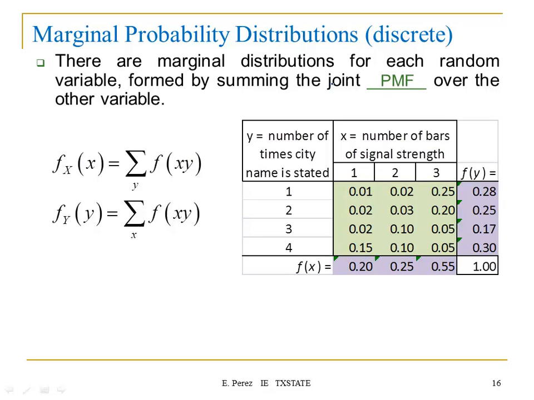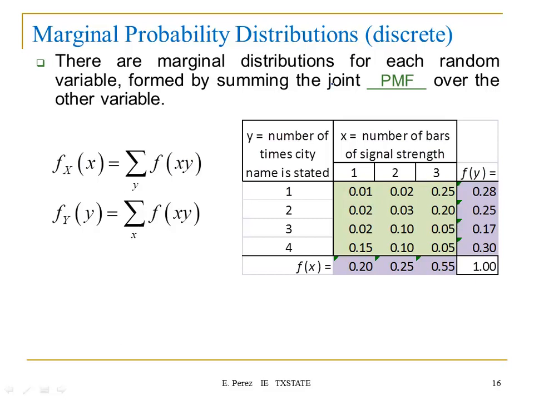That's your marginal distribution. That's your marginal probability for x equals 1. You can repeat the process for x equals 2. You sum with respect to y. So x2 y1 is 0.2, x2 y2 is 0.03, x2 y3 is 0.10, and so on. You get that the probability for x equals 2 is 0.25.